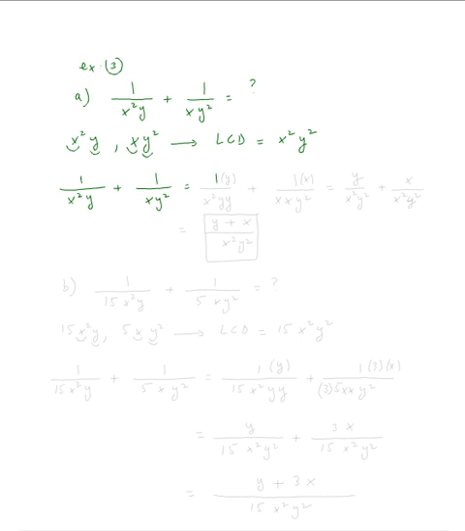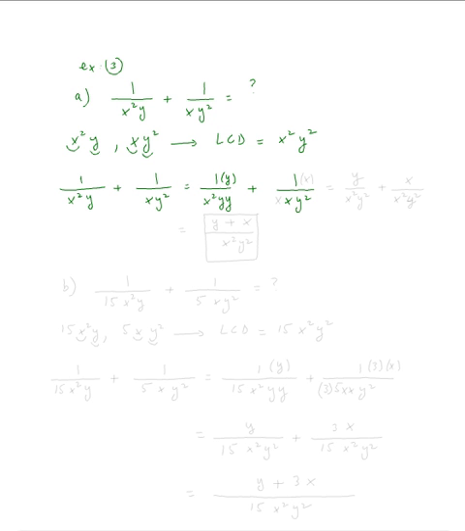So what we do, we rewrite them. Now remember, least common denominator is x squared times y squared. So I'm missing here a y, so I need to multiply by y to get a y squared. Therefore, I multiply the top by y.